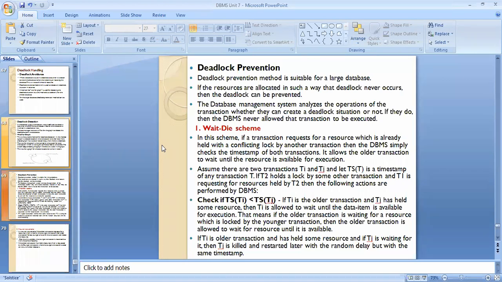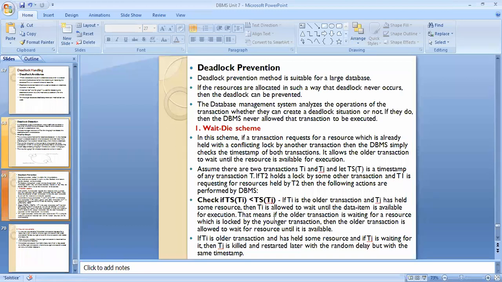Then assume there are Ti and Tj, and let the timestamp be TS of any transaction. If Tj holds the lock, and Ti is requesting the resource held by Tj, then the following actions are performed by the DBMS. Check if the timestamp of Ti is less than the timestamp of Tj.